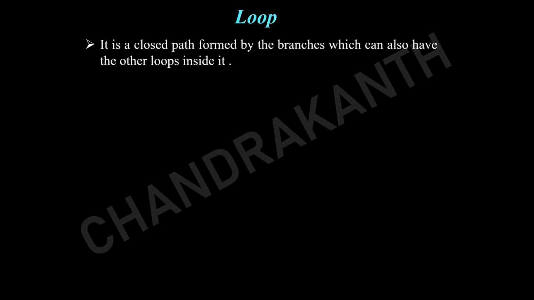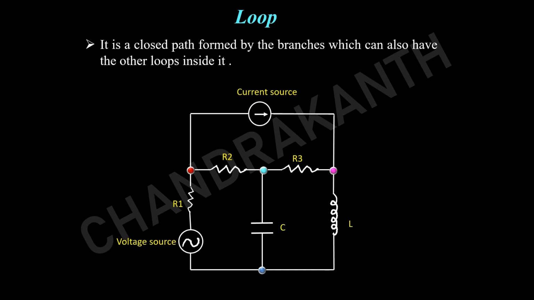Now let us first see what is the meaning of the loop. If I say do the loop analysis for this, how many loops can be formed in this particular network? This can be one loop, this can be one loop, and this is one loop, and there is an outer loop also.